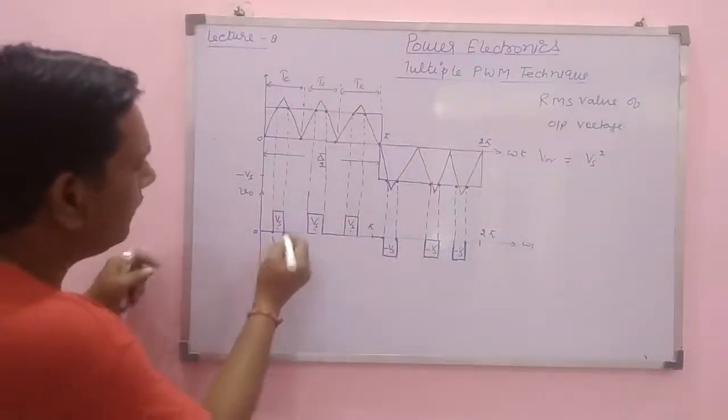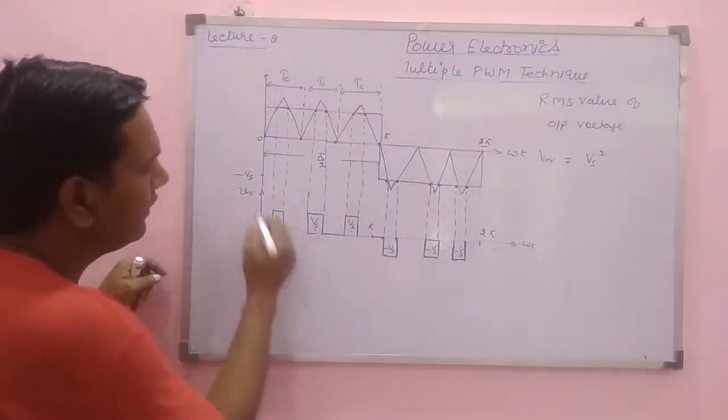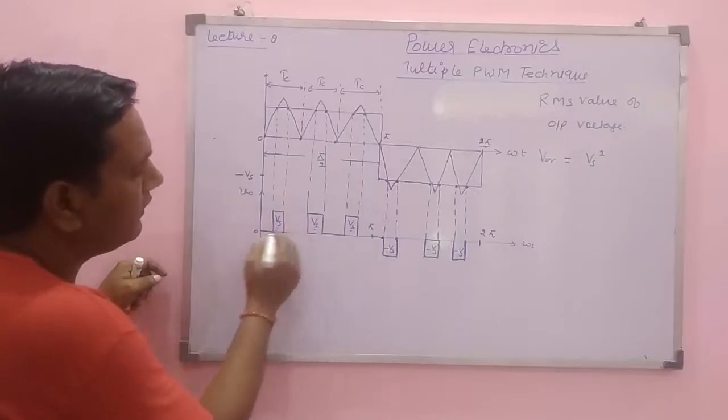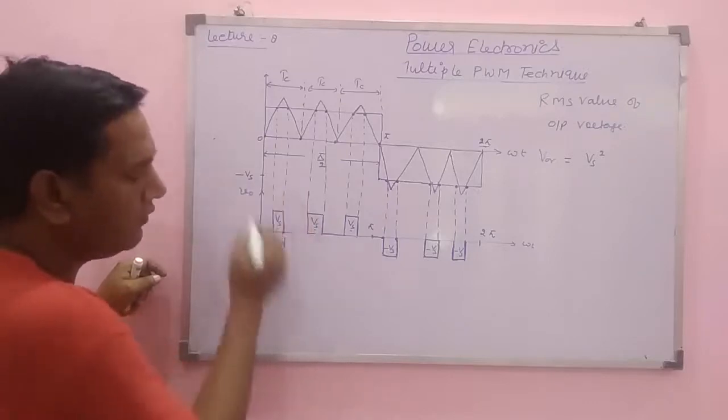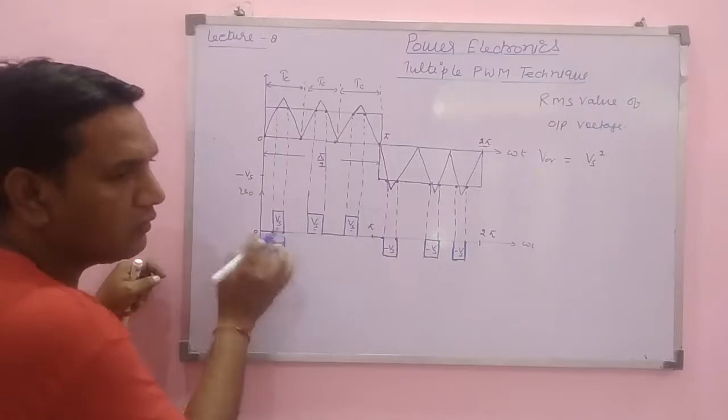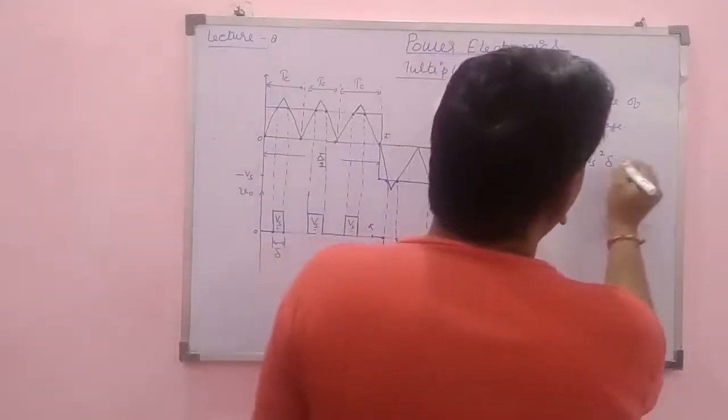And if you have to calculate the area of this single pulse, after squaring, it will be Vs square, and the width is delta, so it will be Vs square into delta.